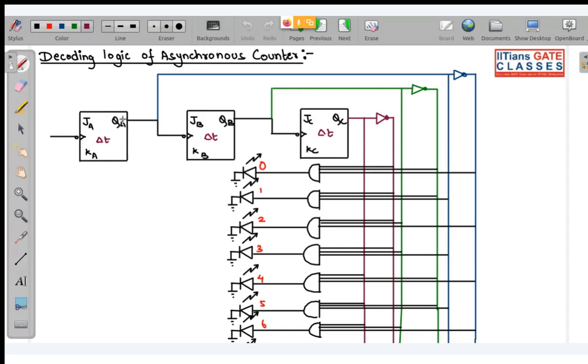Come on, we can be very quick in this. I have told you the trick. See, you are given negative edge triggered, and the clock pulses are taken from the non-complemented output. So different means this is an up counter. Very quickly you can say that.